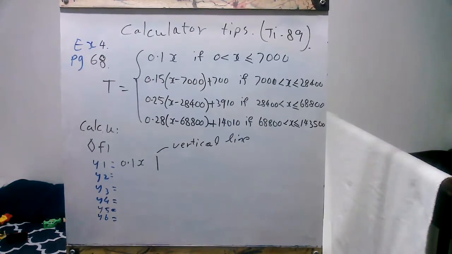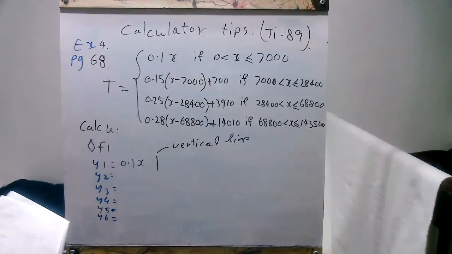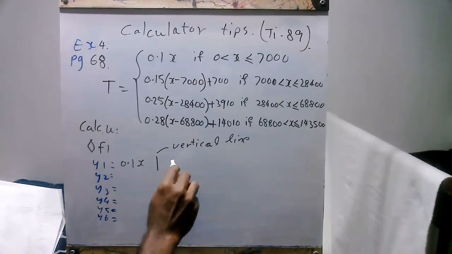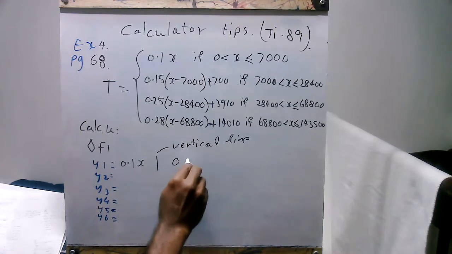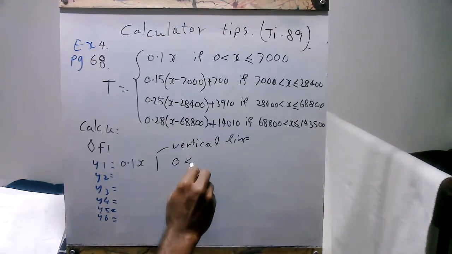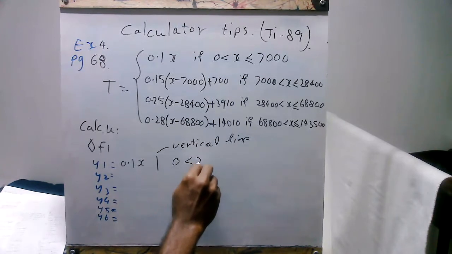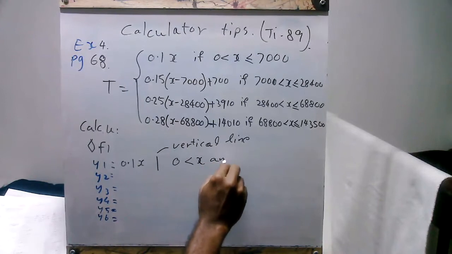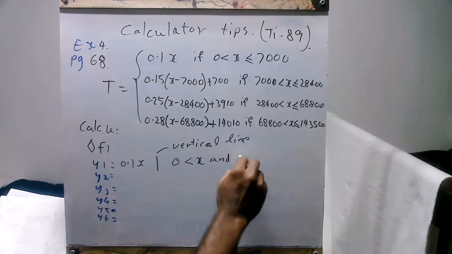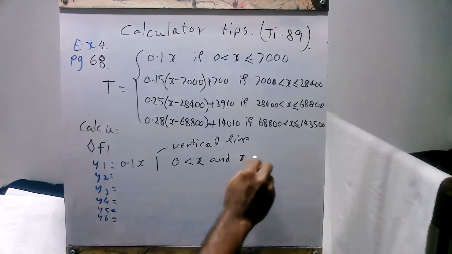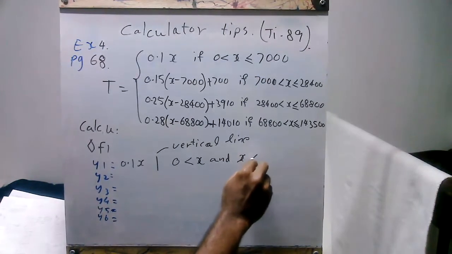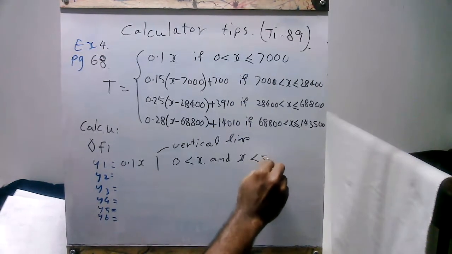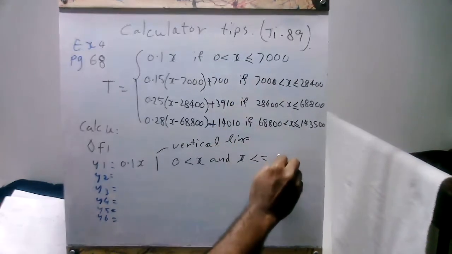After that you enter the condition: 0 less than x and x less than or equal to 7000. You can do it in two ways.